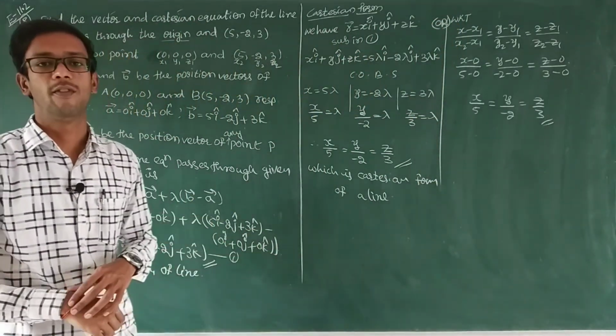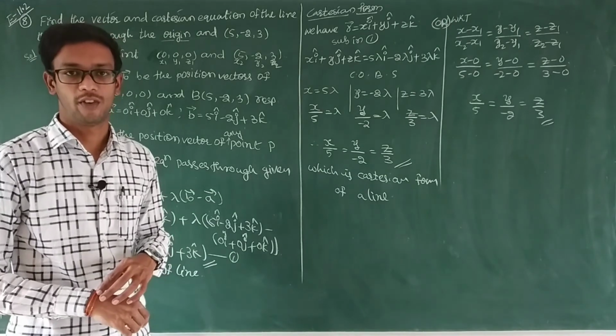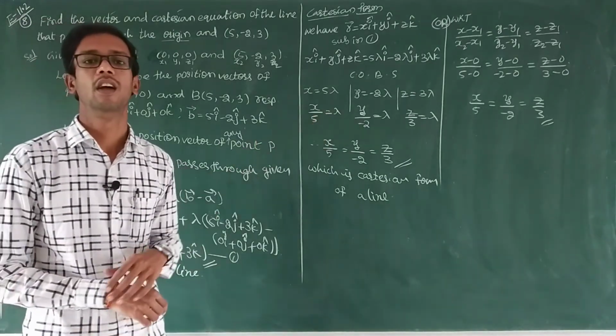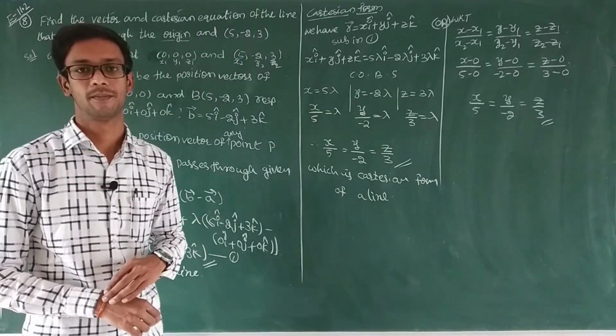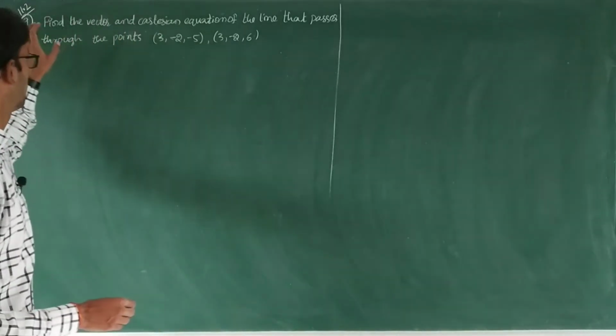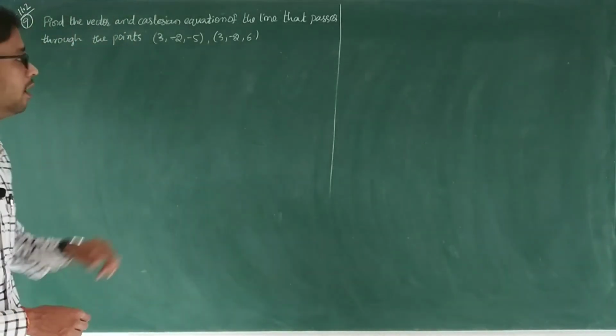So this is the way of finding the line equation which is passing through 2 points in vector form, and another one is Cartesian form. Next, a similar problem in exercise 11.2, problem number 9.